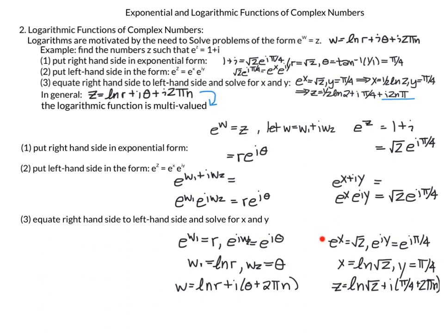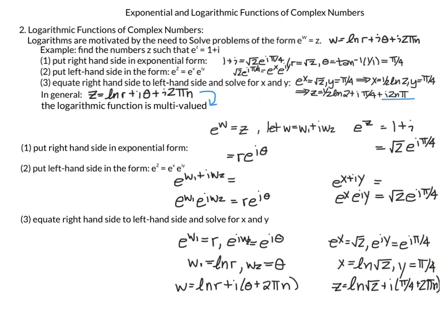Which means that for x, I take the natural log of both sides, and I can do this natural log. I know right now I'm trying to find a formula for the logarithm of complex numbers, but this is the natural log of a real number, and I know how to do that. So here I take the natural log of both sides, and I get x is equal to the natural log of the square root of 2. And over here, this tells me that y is equal to pi over 4.